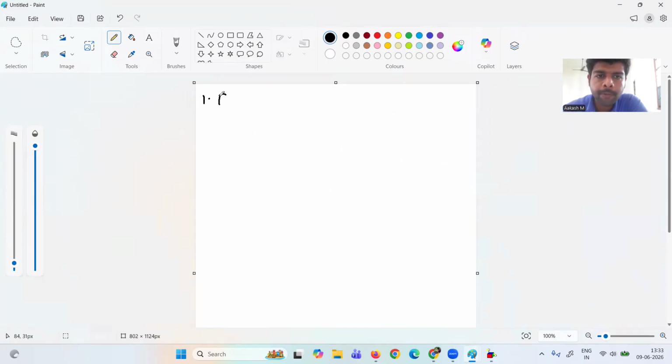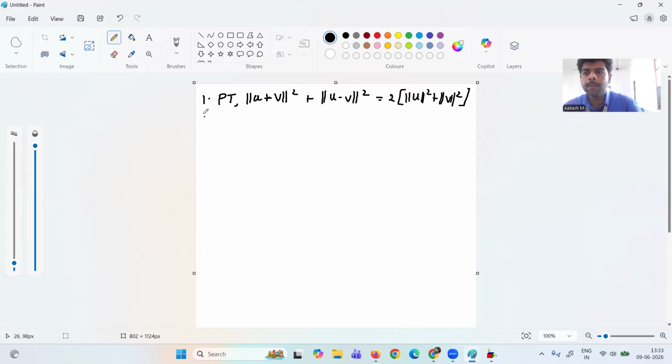Prove that norm of u plus v the whole square plus norm of u minus v the whole square is equal to 2 times norm of u square plus norm of v square. So we will try to prove this.